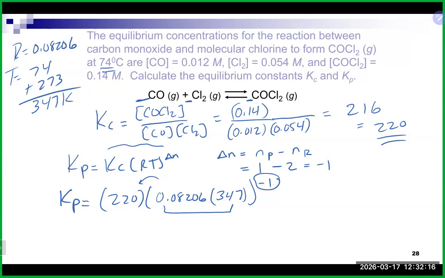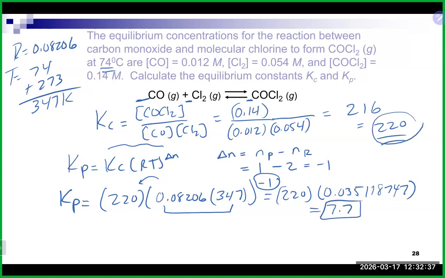If you do that, you end up with 220 times 0.035118747, with no rounding at that point. That's going to yield a 7.7 as your Kp value. Again, if you took the 216, you get something pretty close, 7.6. So it's fairly close in that particular case.